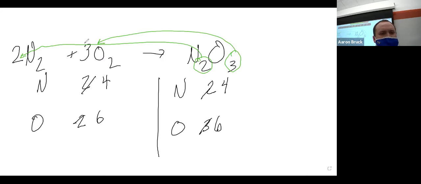If we had done that, we would have ended up with 4 and 6 on the reactant side, 2 and 3 on the product side, which would have meant that we would have had to double the product, which is what we had to do. So both approaches here end up working and giving us the same exact result. So that's the first example.